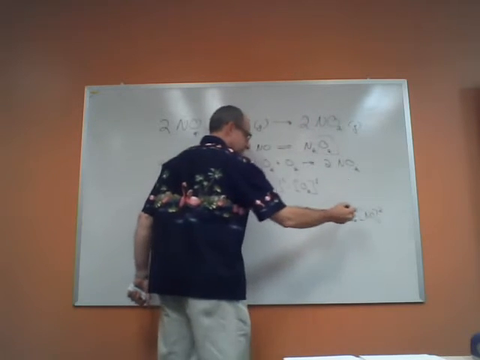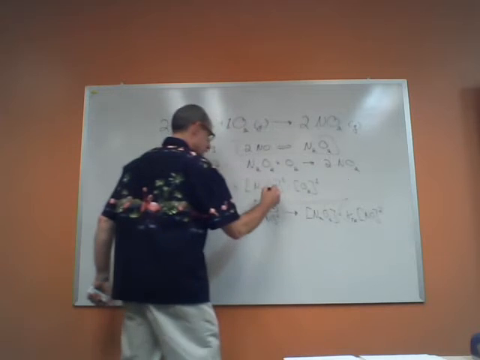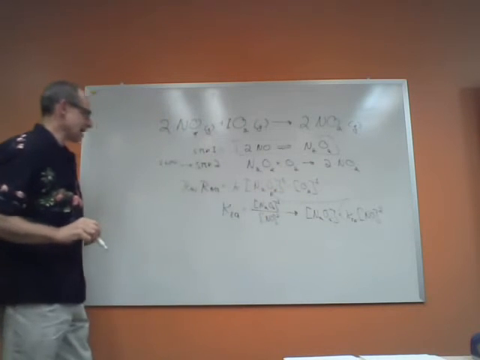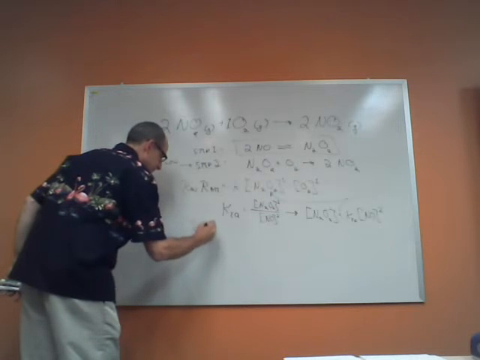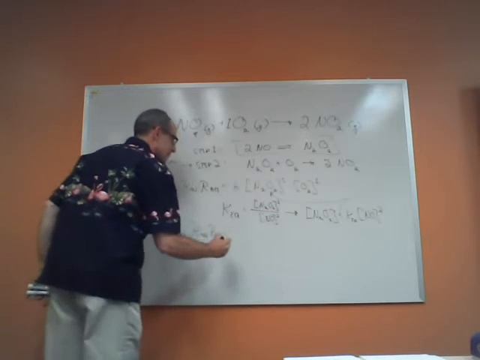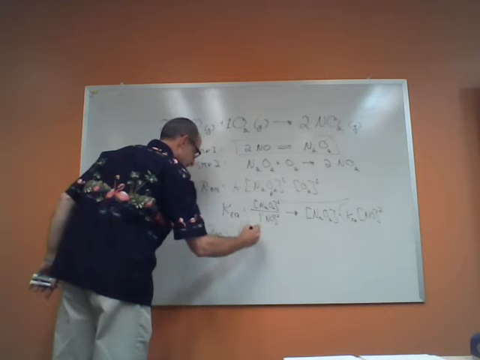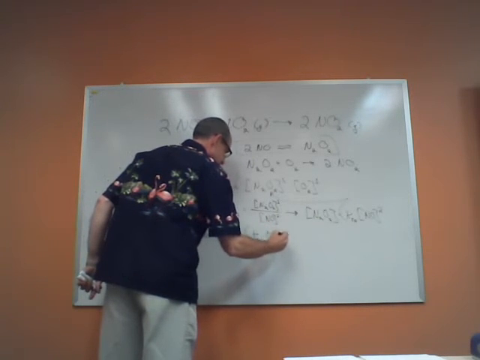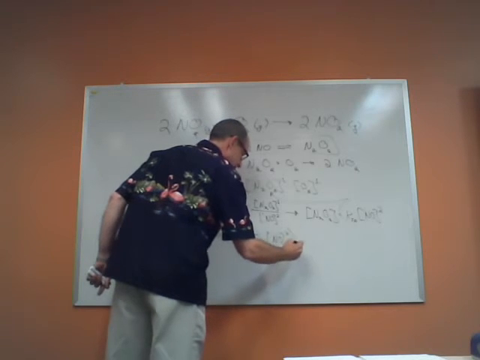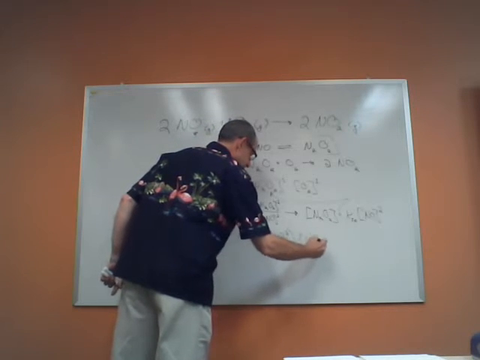And now I can plug this expression into what I had written as the rate law, and that gives me reaction rate equals K times the big equilibrium constant times the concentration of NO squared times the concentration of O2.